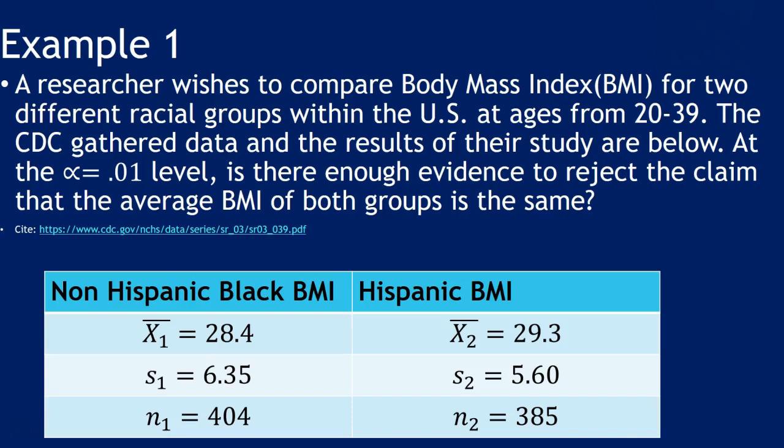The CDC gathered the data, and the results of the study are below. At alpha equals 0.01, is there enough evidence to reject the claim that the average BMI for both groups is the same?